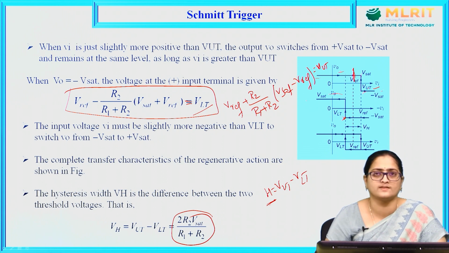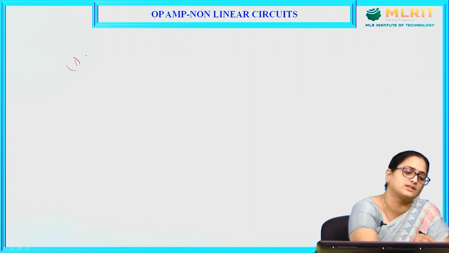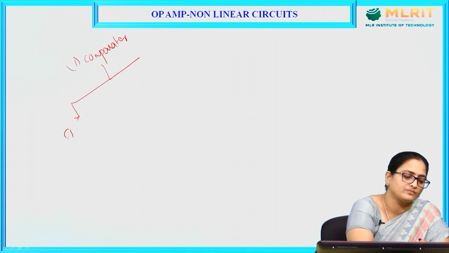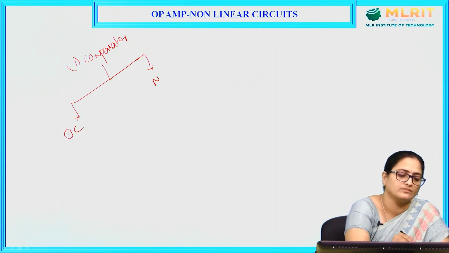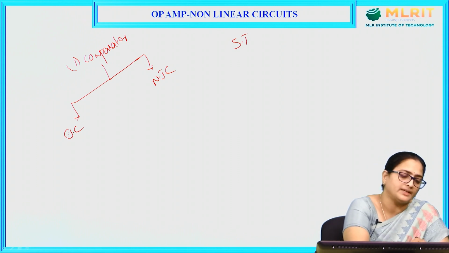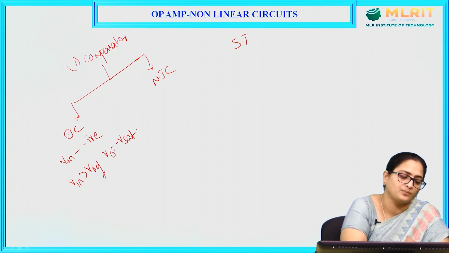This is about the Schmitt trigger. In this, we have discussed the comparators, that is inverting comparator and non-inverting comparator, and Schmitt trigger. In an inverting comparator, the input voltage, that is Vin, has to be given to the negative terminal, and when Vin is greater than V reference, your V0 will be equal to minus Vsat.